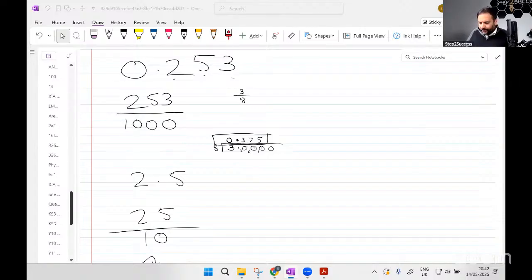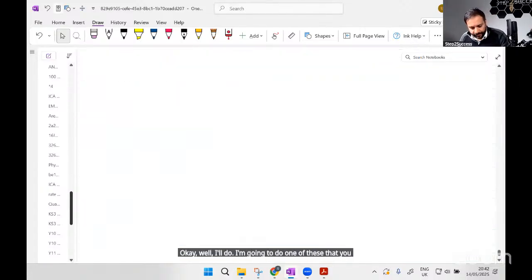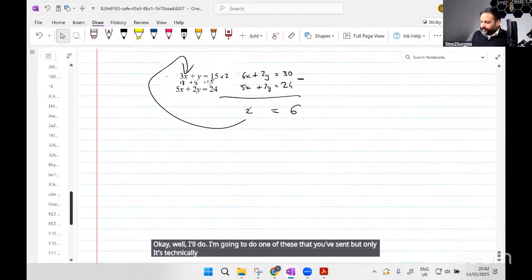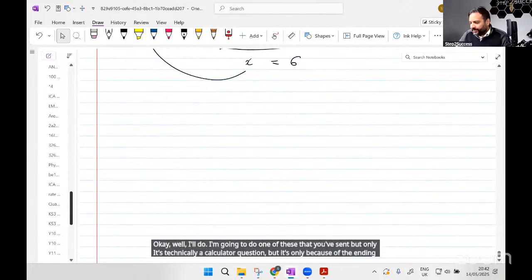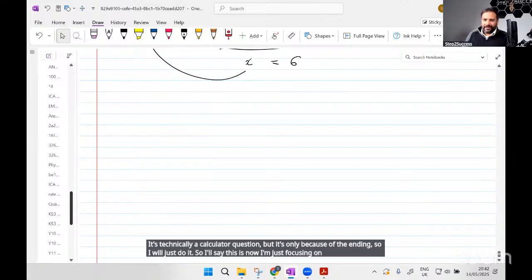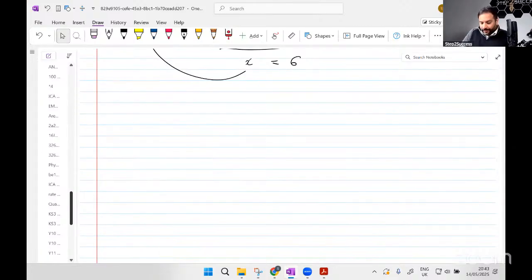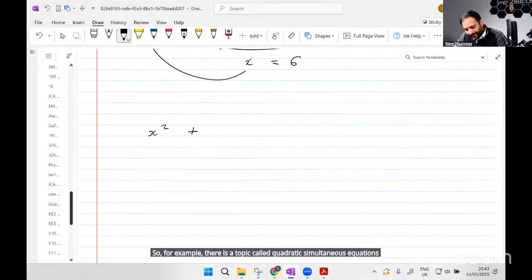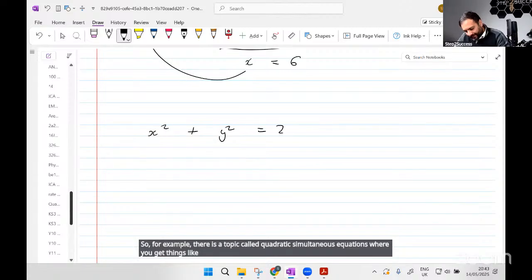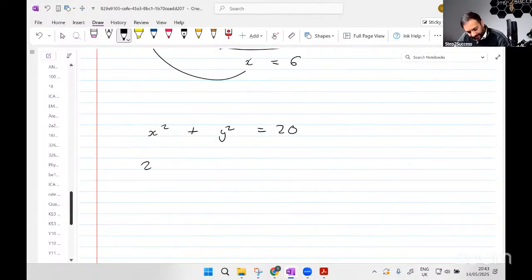Okay, what I'll do is I'm going to do one of these that you've sent, but it's technically a calculator question. That's only because of the ending, so I will just do it. I'm just focusing on fairly higher level stuff at this point. For example, there is a topic called quadratic simultaneous equations where you get things like this and this.